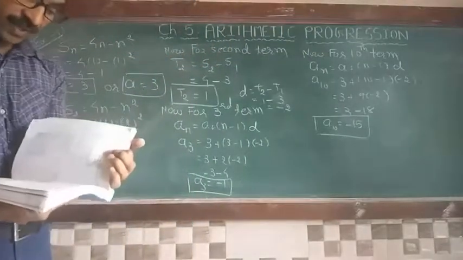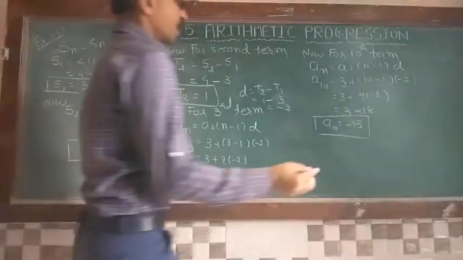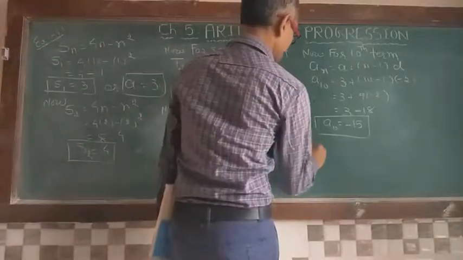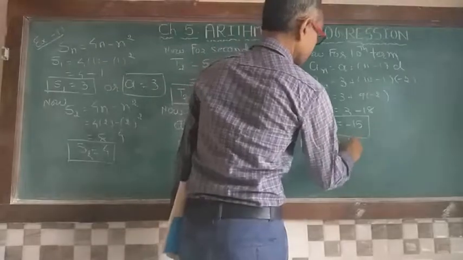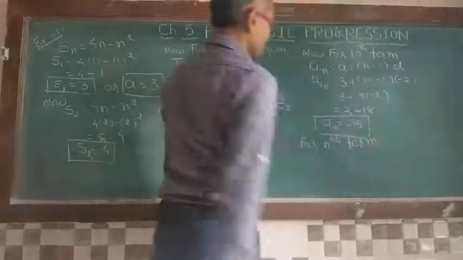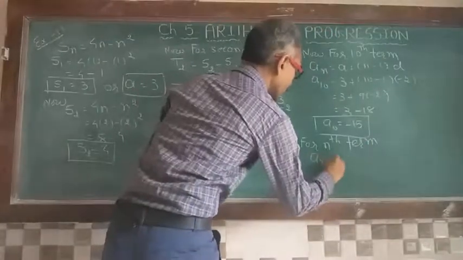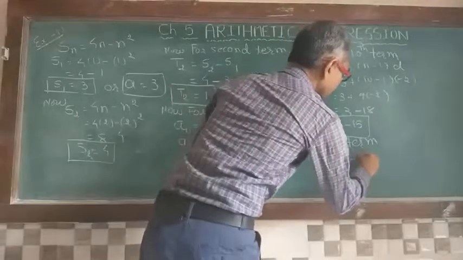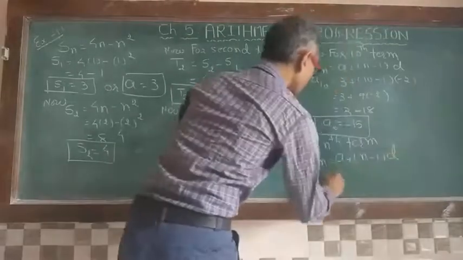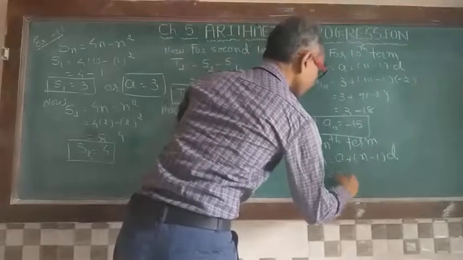Now you can find your nth term. For the nth term, an = a + (n − 1) d. What is a? That is 3. Put it here.